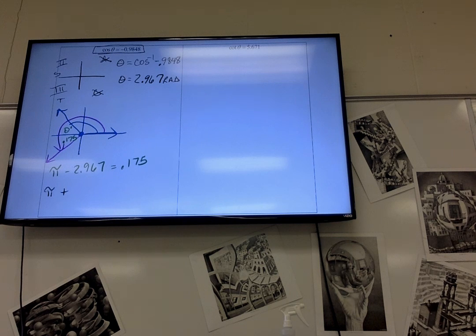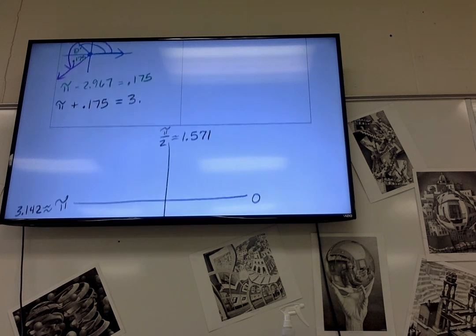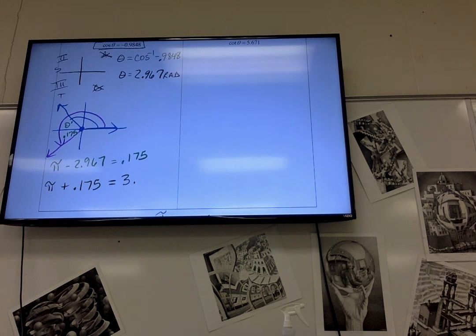Pi plus 0.175 is 3.317. Here's one of them, and here's the other one. And you can put radians behind it or not. I just did that so you'd remember it was in radians.